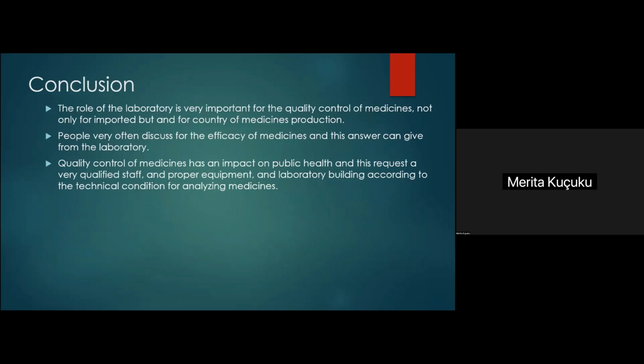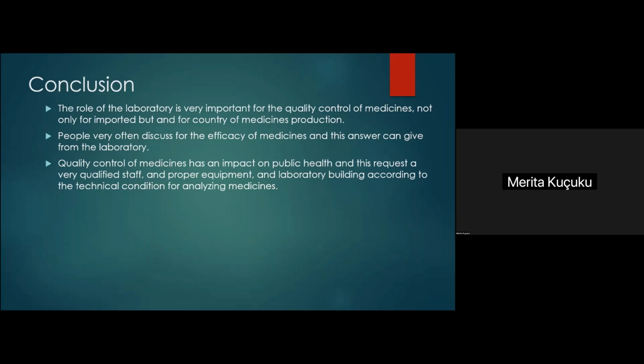Conclusion. The role of the laboratory is very important for the quality control of medicines, not only for imported ones but also for medicines produced in the country, as we know that the quality of medicines depends on some conditions: the storage conditions, distribution conditions, and the adverse drug reactions that can occur in patients.